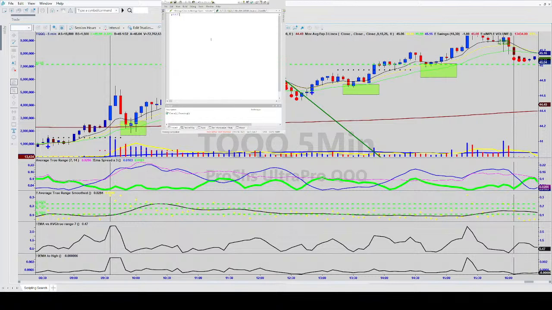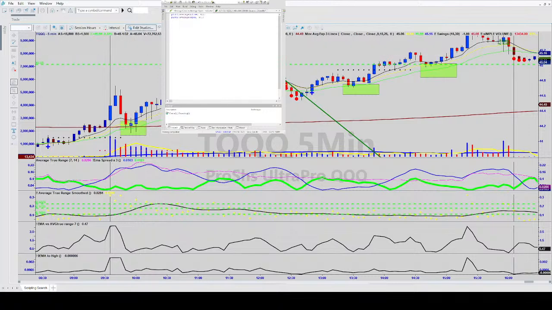Plot 1 equals average close 9. Plot 2 average close open 9. All right, bingo bango. Add it like a tomato.